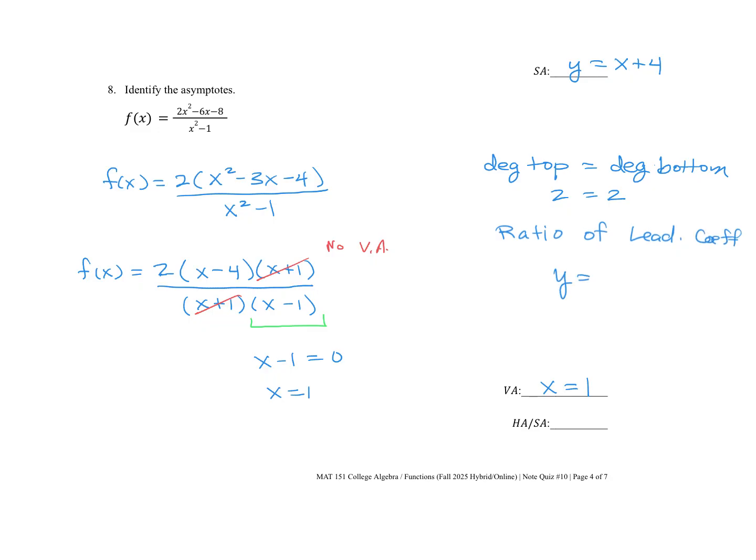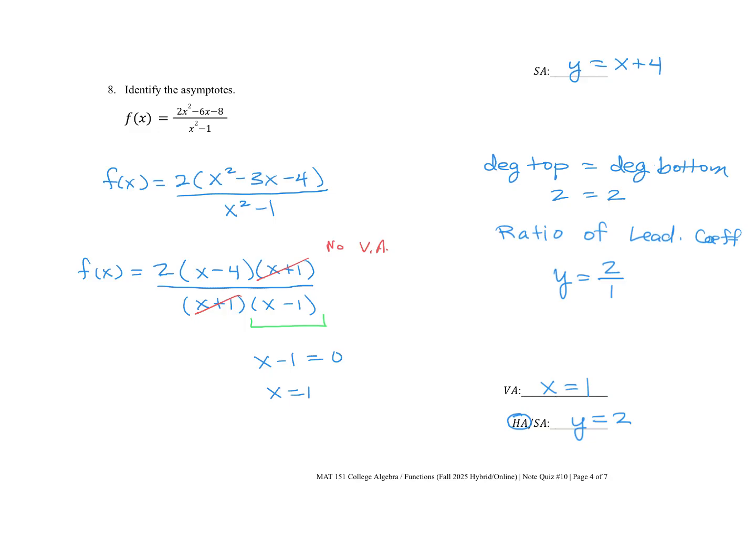So y is equal to the number in front of x squared, 2, divided by the number in front of x squared down below, which is 1. So it's y equals 2. And again, we circle, that's a horizontal asymptote. All right, so that's the vertical and horizontal for that function there.